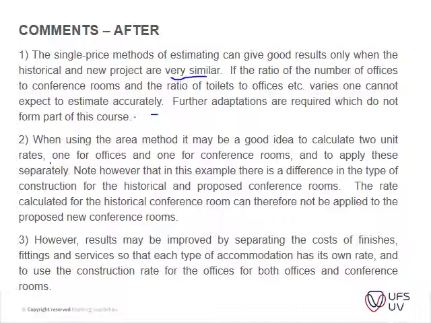Thus, the rate calculation for the historical conference room can therefore not be applied to the proposed new conference room. Okay, so that's something worth noting. However, the results may be improved by separating the cost of finishes, fittings, and services so that each type of accommodation has its own rate, and to use the construction rate for the offices for both offices and conference rooms.